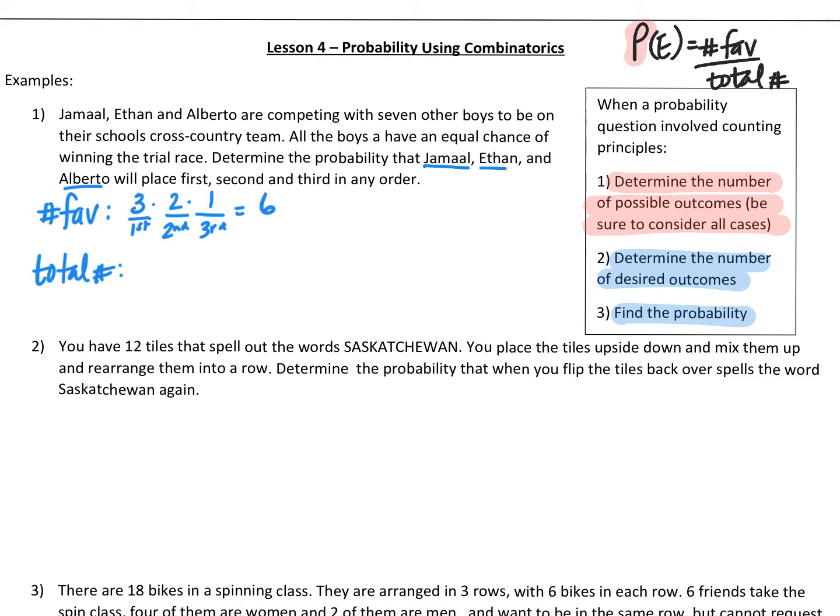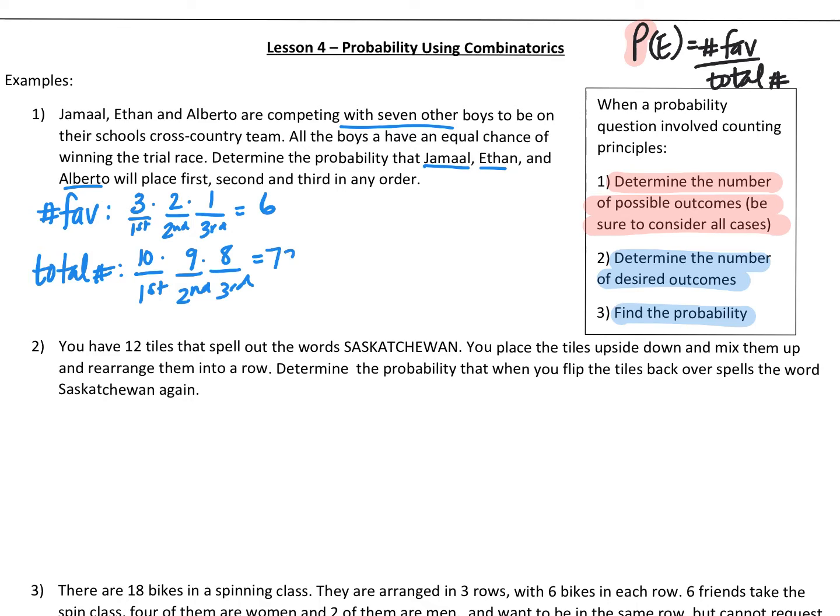Now, thinking about the total number of possible outcomes. So again, first, second, and third, it's not actually just the 3 of them running, right? There's the 3 of them with 7 other boys, which means there's 10 boys in total running the race. So I actually have 10 people that can go first, 9 that could go second, and 8 that could get third.